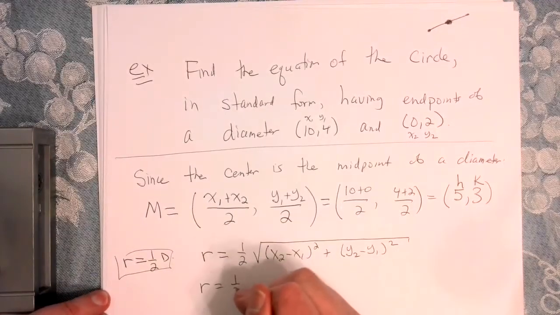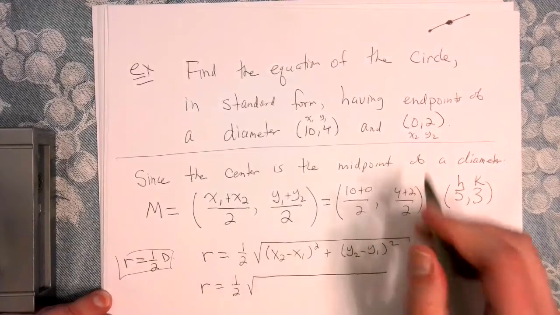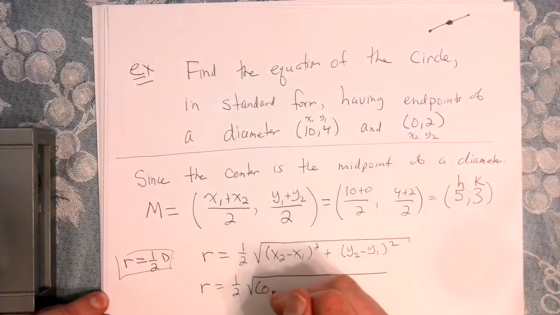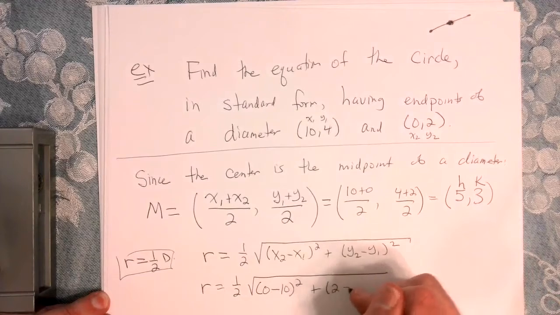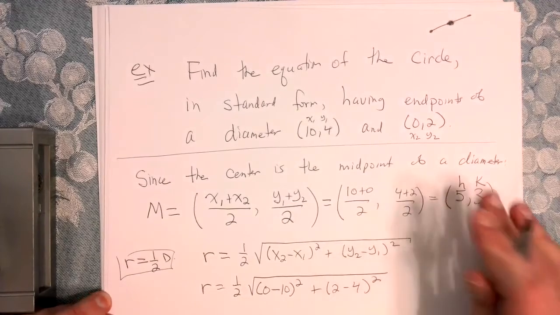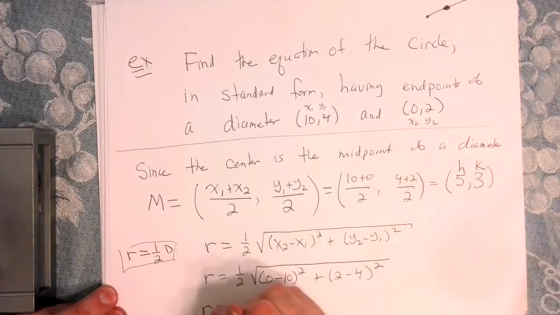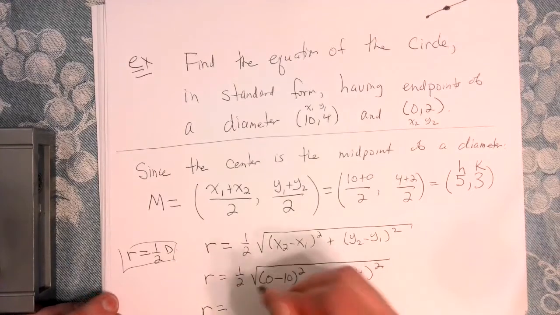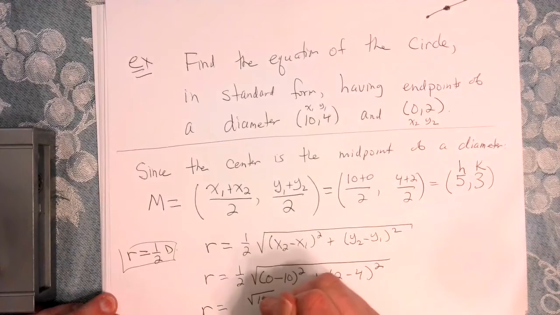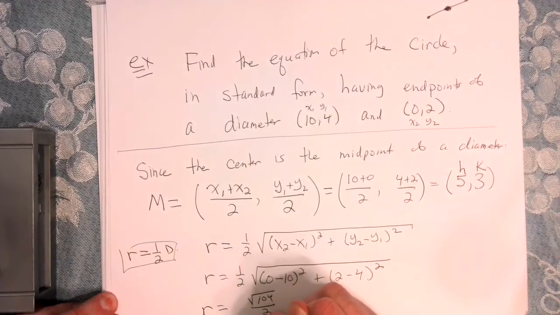And we'll fill that in. So it's going to be x2 minus x1 quantity squared plus y2 minus y1 quantity squared. And so that's going to be 100, that's going to be 4. This is going to be the square root of 104 over 2.